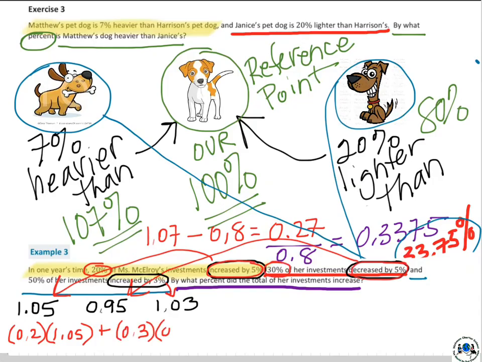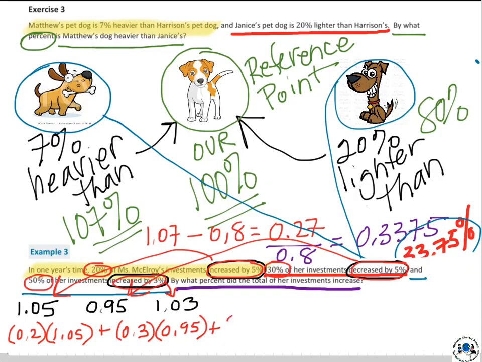Okay, next, I take those 30% of her investments and multiply those by 0.95. Okay, so I'm going to get a number that's smaller than that 30%, of course, simply because she lost money there. Okay, it decreased.